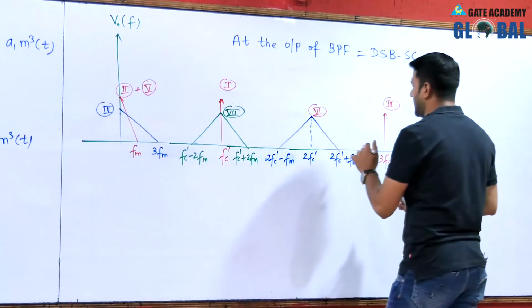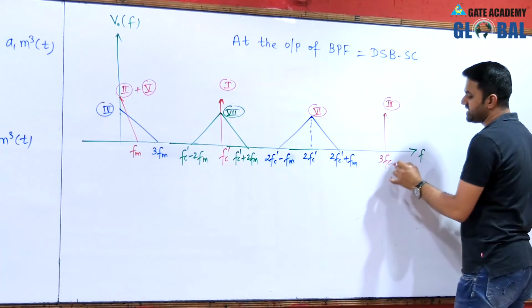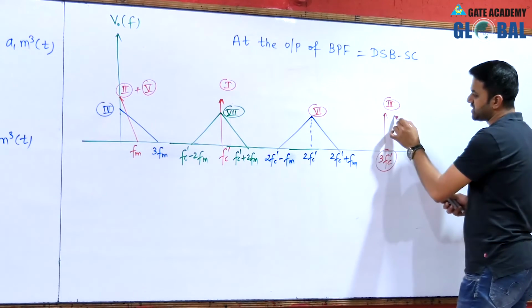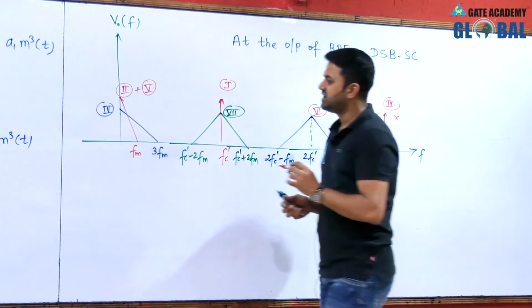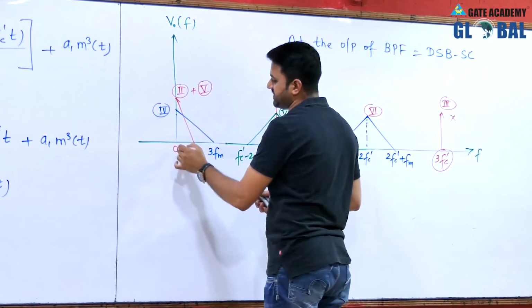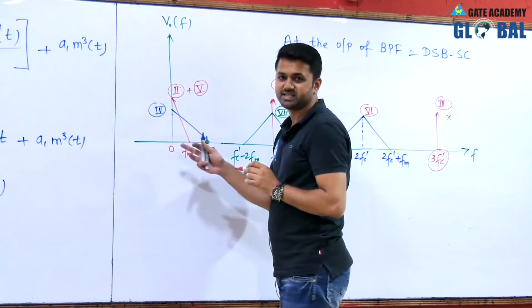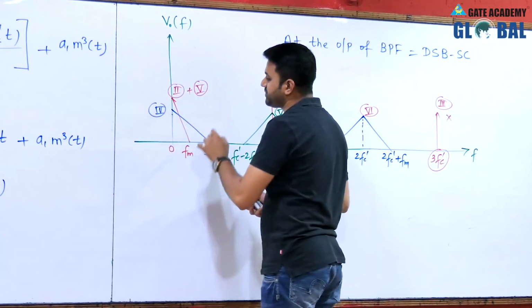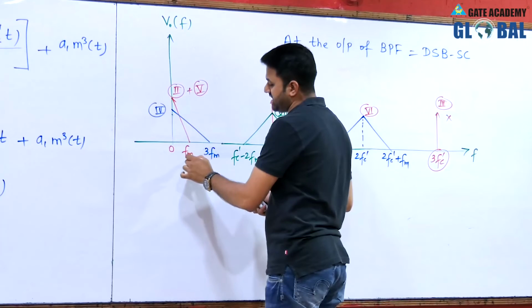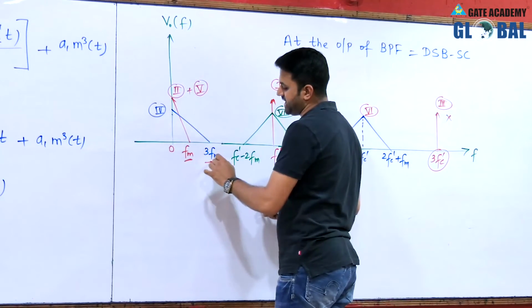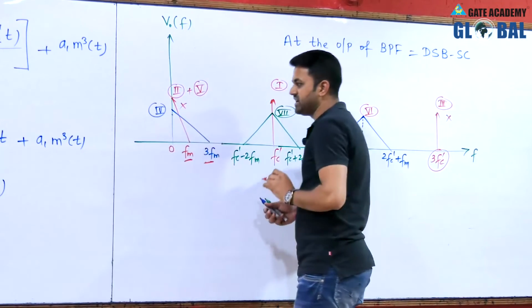As we can see, the third term has only the carrier frequency, so it cannot be our answer. This has center frequency 0 and there is no sideband. This is not called a sideband, this is a low frequency signal with pure message components at frequencies fm and 3fm. So this cannot be our answer.